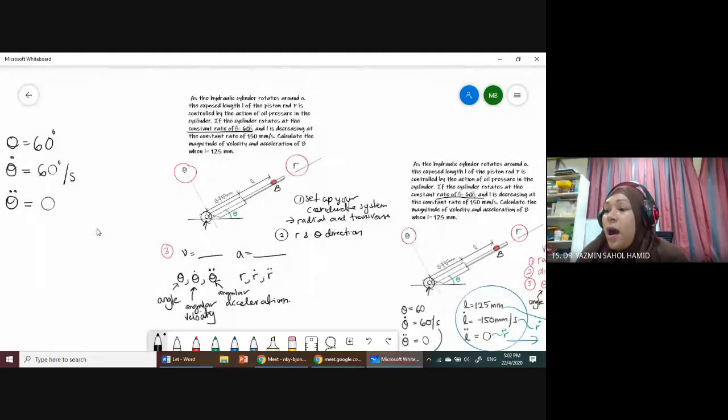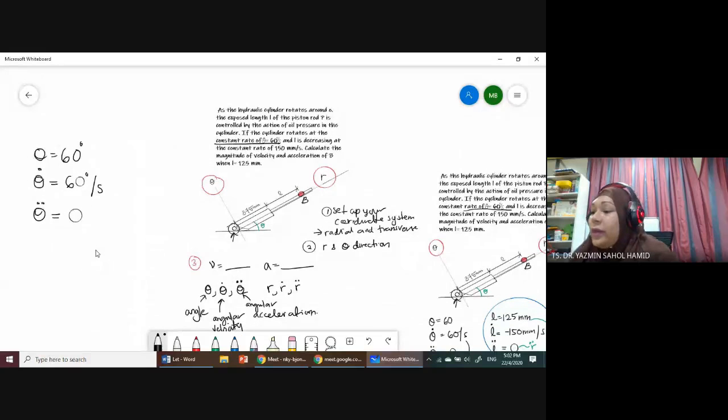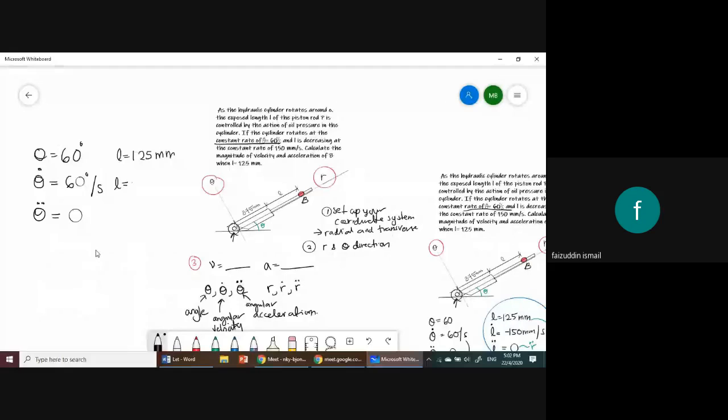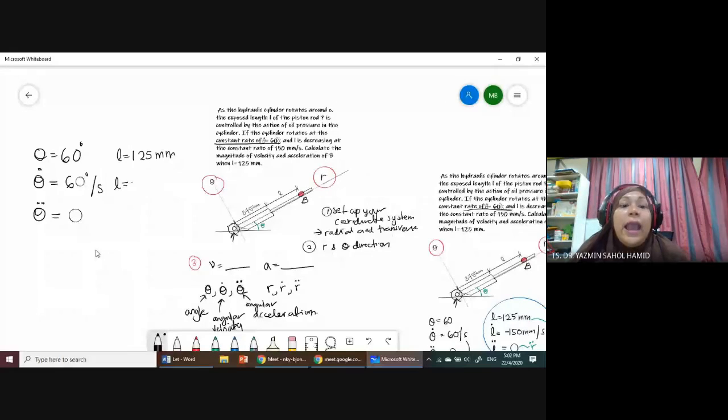Now, how about our other value? Next, we need to relate with the length. What is the length we have? The length is 125 mm. And what is the constant rate of the length? The velocity, 150 mm per second.